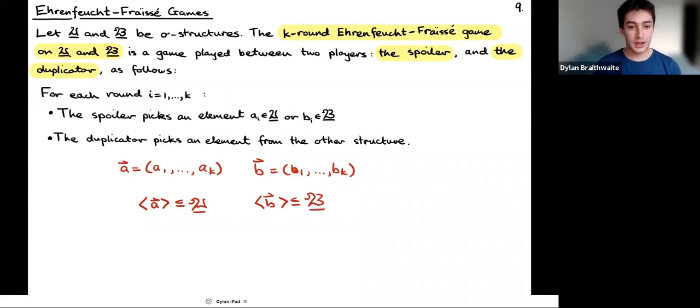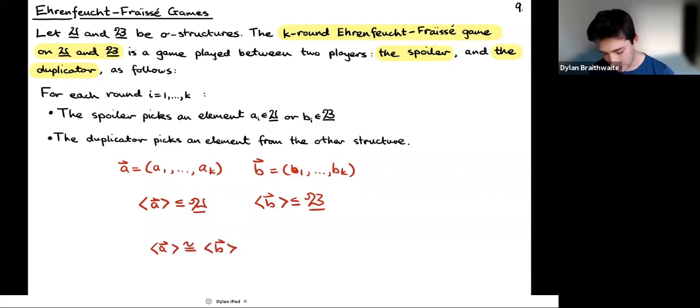Then what we say is, if after k rounds the substructures generated by A and B are isomorphic, and an isomorphism when we're dealing with structures is just a bijection which respects the interpretations of the relations and the constant symbols, if A is isomorphic to B, then we say the duplicator has won, and that this A and this B are indistinguishable in the k-round EF game.